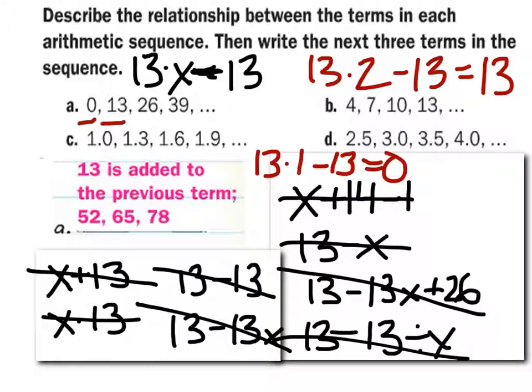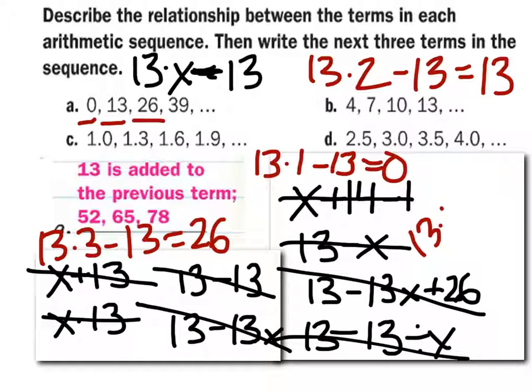What about position 3? Let's check it out. 13 times 3 minus 13 equals 26. It's good. What about the fourth one? So we got to check all of them just to make sure. 13 times 4 minus 13.